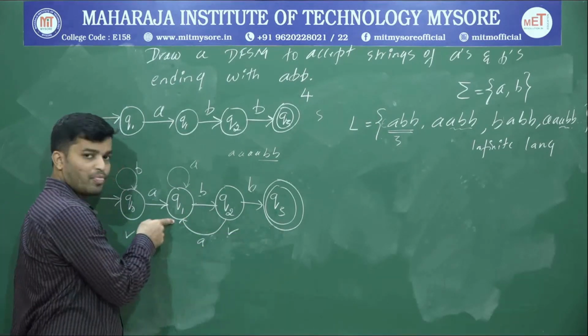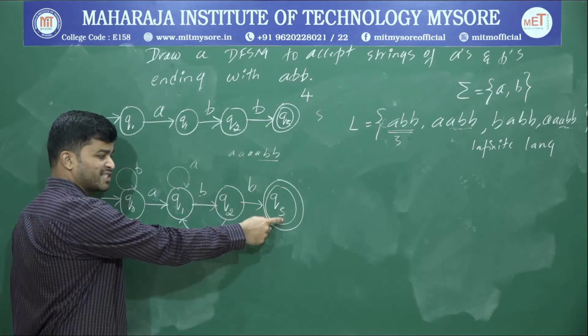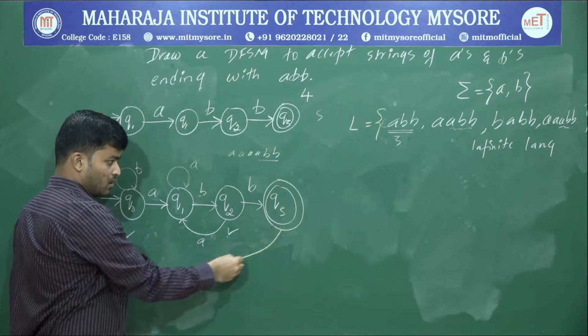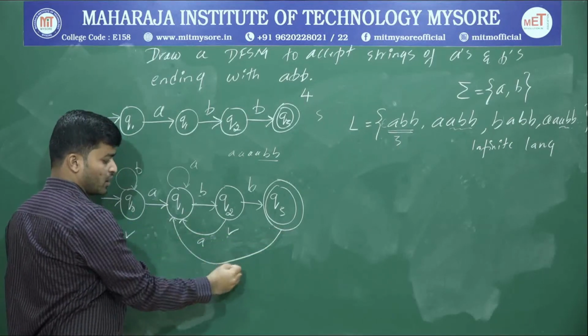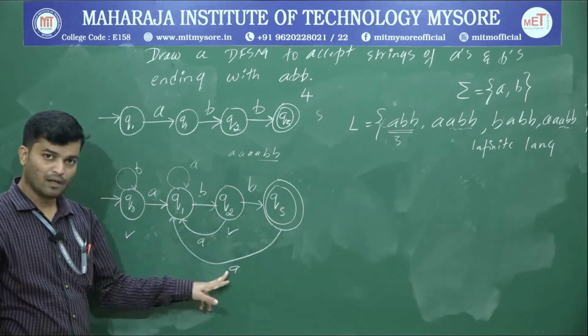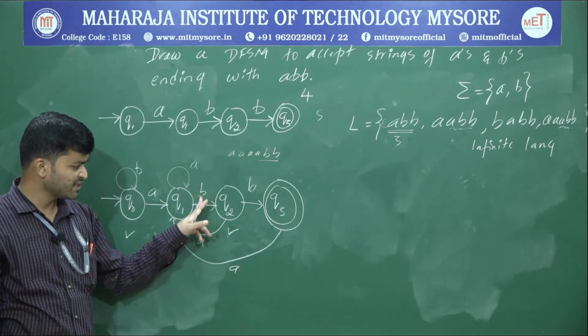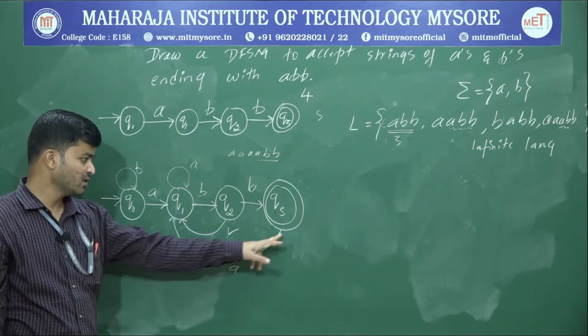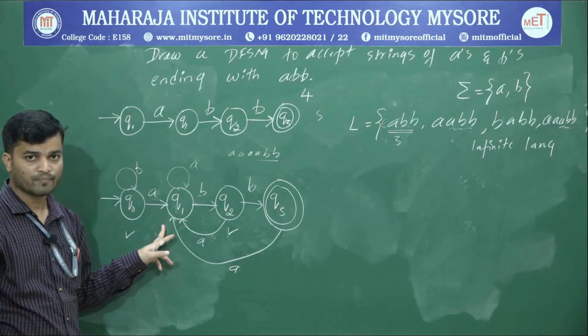If I connect here, what will happen? ABB before going to the accepting state. So that is our requirement. So try to connect Q3 to Q1 upon A. So ABB, then again A. Before going to the accepting state, it will accept 2 more B's. Therefore, it is going to end with ABB. Therefore, connecting Q3 upon A to Q1 is a valid option.